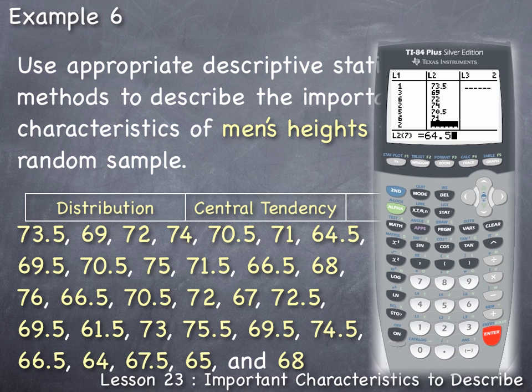64.5, 69.5, 70.5, 75, 71.5, 66.5, 68, 76, 66.5, 70.5, 72, 67, 72.5, 69.5, 61.5, 73, 75.5, 69.5, 74.5, 66.5, 64, 67.5, 65, 68.